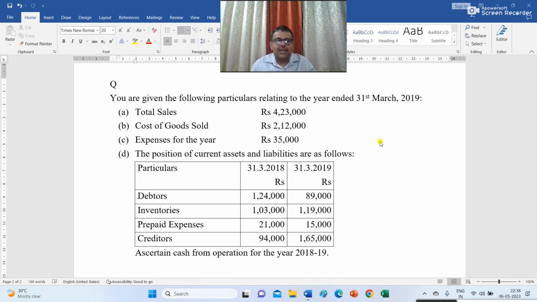Particulars, balance on 31st March 2018 and on 31st March 2019. Debtors opening balance 1,24,000 and closing balance 89,000. Inventories 1,03,000 and 1,19,000. Prepaid expenses 21,000 and 15,000. Creditors 94,000 and 1,65,000. Ascertain cash from operation for the year 2018-19.